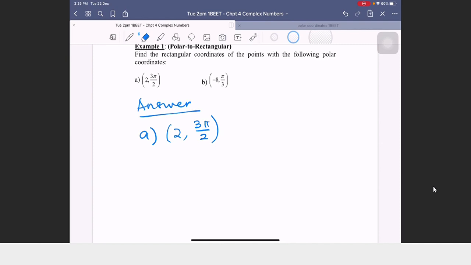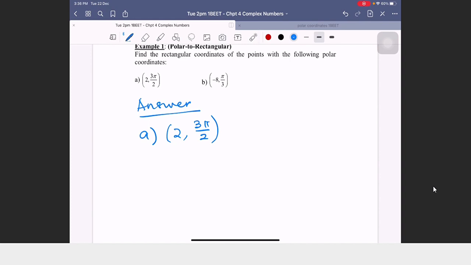It is good if you can plot the point so that you know where your point lies, in which quadrant, when it comes to another coordinate system. Sometimes we need to plot in order to get the right answer.